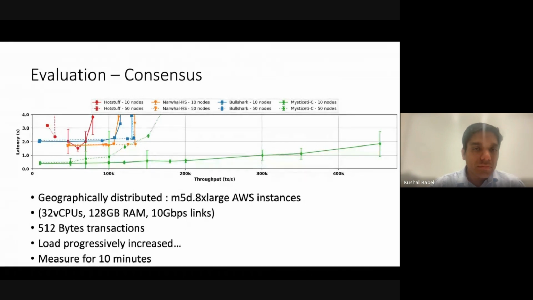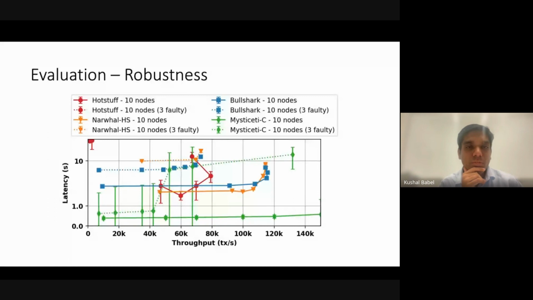All right. And this is an evaluation for robustness, which is basically asking, okay, what happens if some nodes randomly fail? This is for crash failure. This is not Byzantine robustness. We evaluate crash failure because we have these backup leaders, or multiple leaders. And so if some leaders actually fail, if you have backup leaders, then you really don't suffer the latency penalty of a leader failing because you can fall back to the backup one.